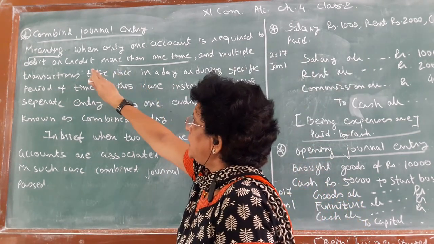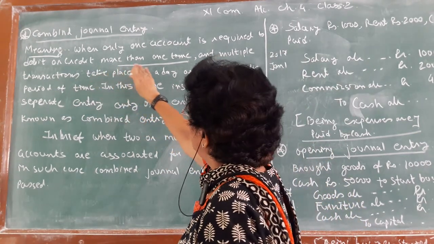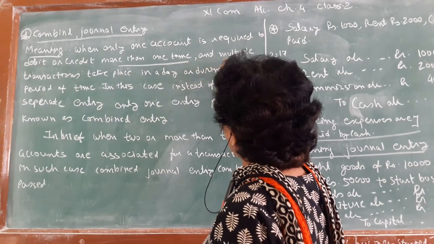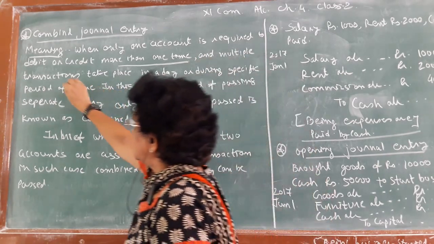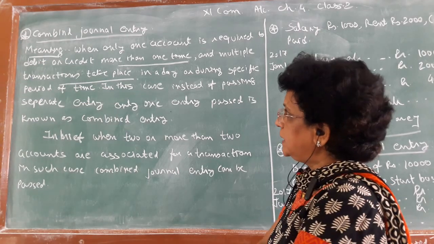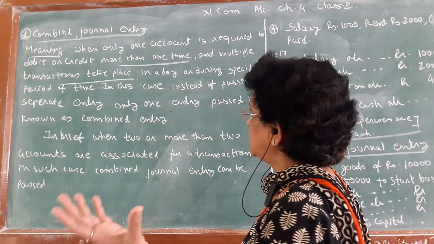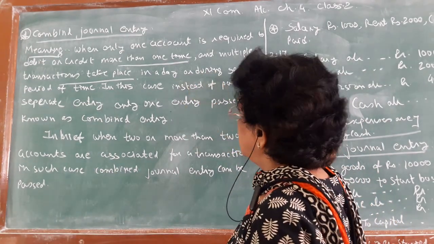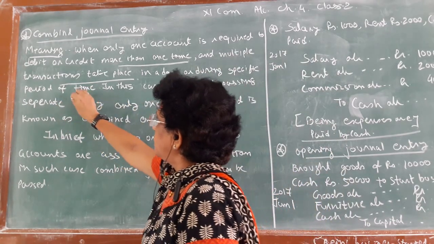So when you have to debit or credit more than one time and a mutual transaction takes place, the transactions are of multiple nature but having the same particular time in a day during a specific period of time.